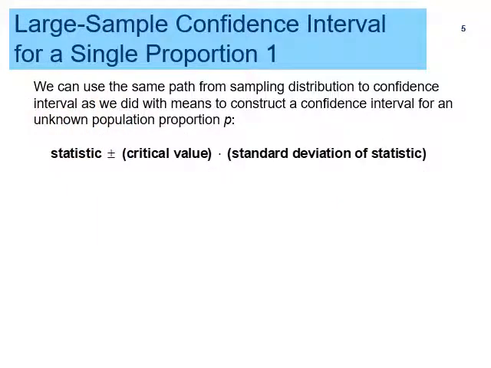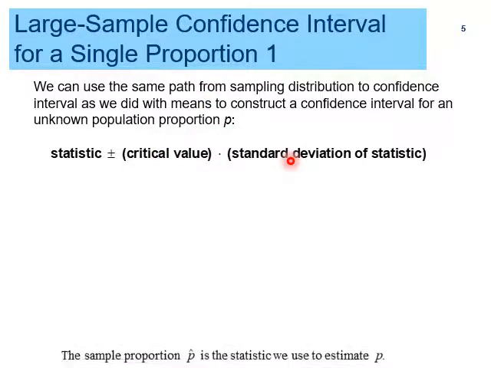So, the interval for a single proportion. We already learned this formula over the last few weeks: the statistic plus or minus the critical value multiplied by the standard deviation of the statistic. Earlier we were using the mean, but now we will use the proportion.